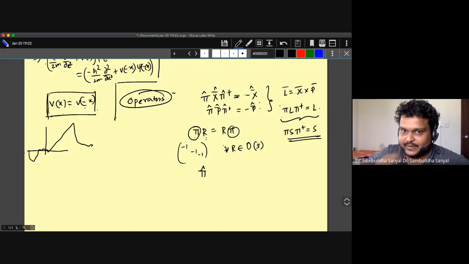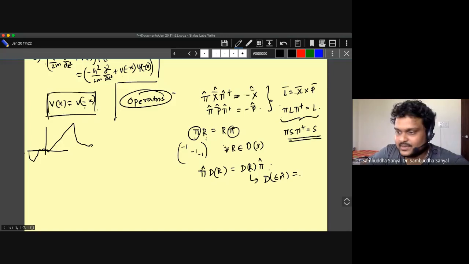This cap is implied whenever I'm talking about quantum operators. So the representation must also satisfy the same property. Now D can be written as infinitesimal with respect to a generator.